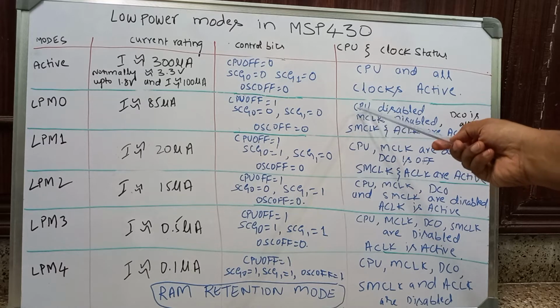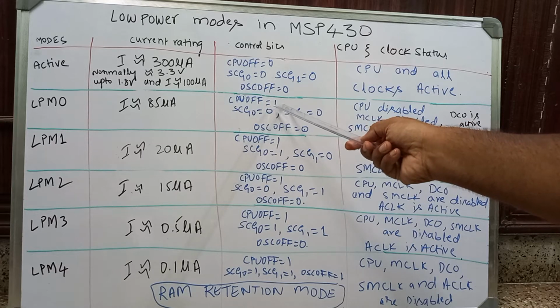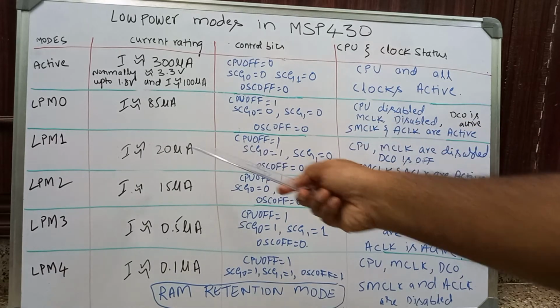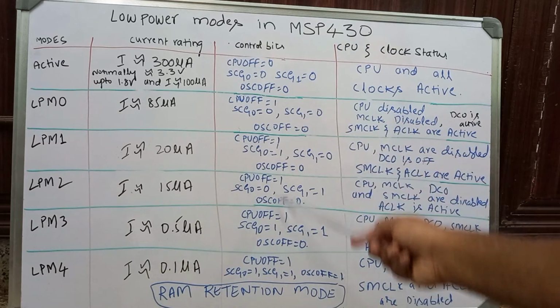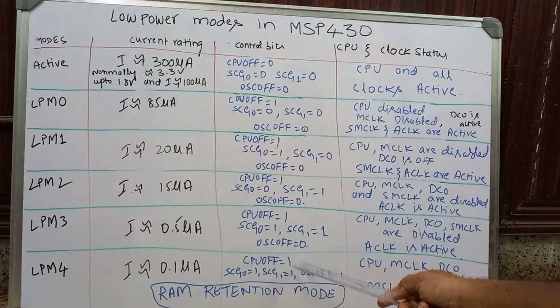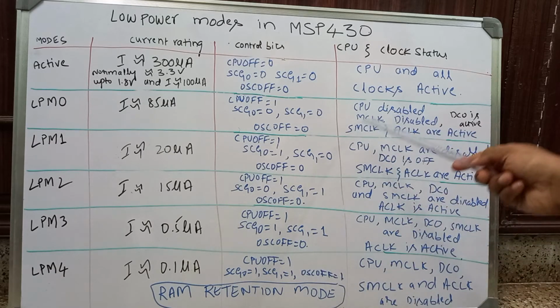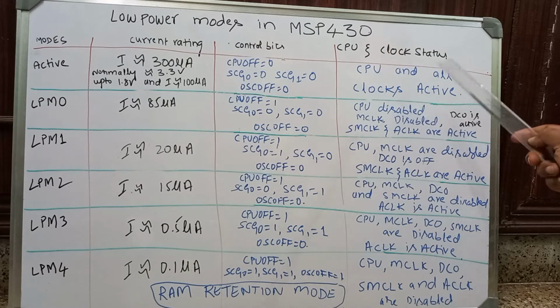So the master clock and CPU both go off when CPU off is made 1. As you can see, in all the low power modes, the CPU off bit is made 1. So in all the low power modes, one thing is common: the CPU is disabled and the master clock is also disabled.